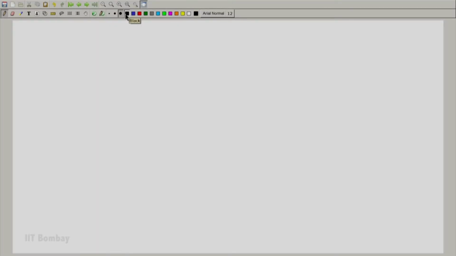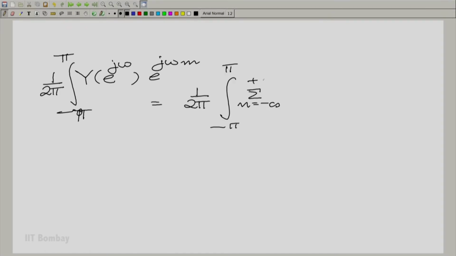I am saying when we multiply y e raised to the power j omega by e raised to the power j omega m, let us use a different index variable now, and integrate not from minus to plus infinity, but from minus to plus pi and divide by 2 pi. Of course, you need a d omega here.